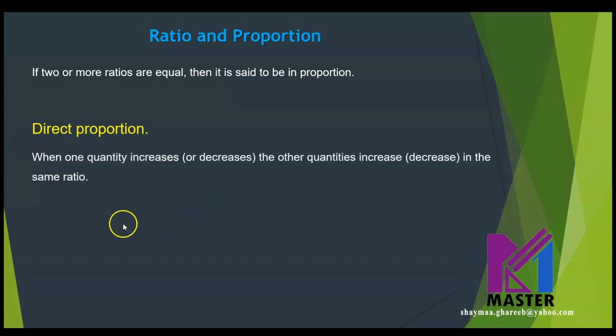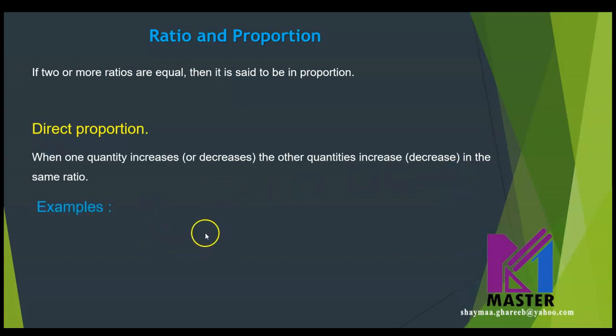In the direct proportion, when one quantity increases, the other quantity increases. Or if one of the quantities decreases, the other one decreases as well. So when one quantity increases or decreases, the other quantity increases or decreases in the same ratio.